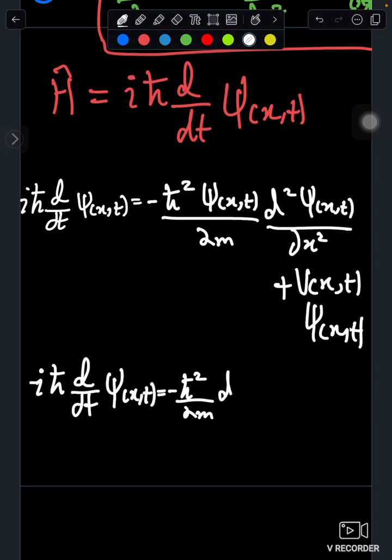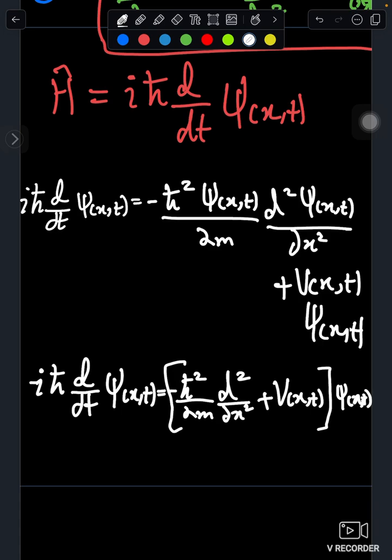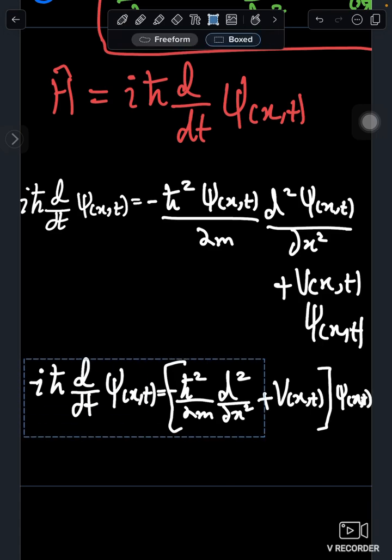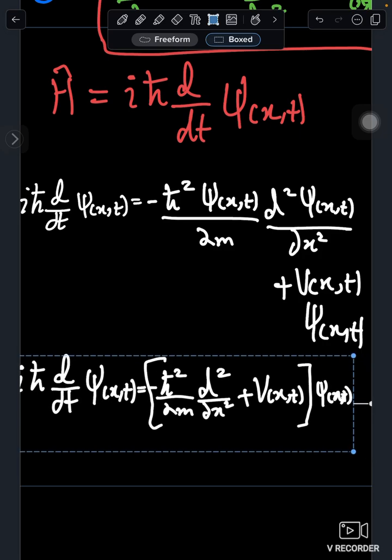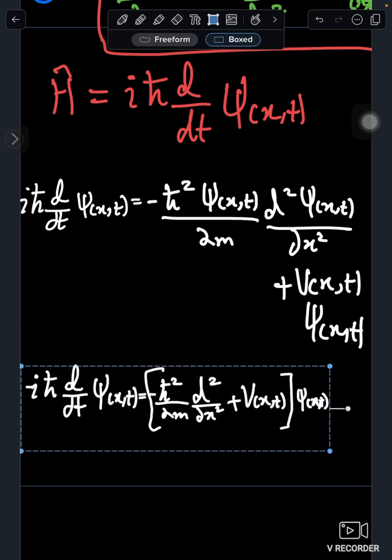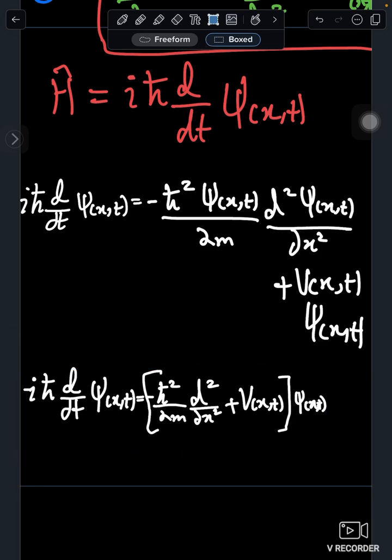So what we get is d squared over dx squared plus V of x and t. So then we get this to make it more fitting.